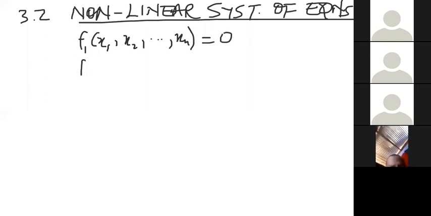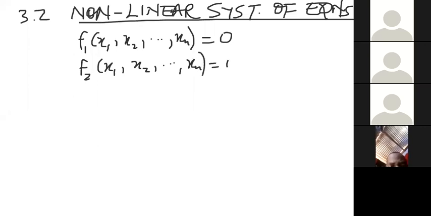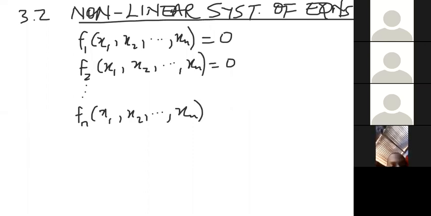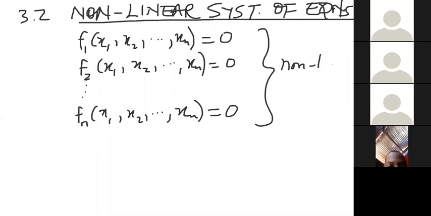And we are going to have another equation, f2 of x1, x2, and so on up to xn equal to 0. So we are going to have n equations in n unknowns, up to fn of x1, x2, and so on up to xn equal to 0. So this is the system of non-linear equations we are going to look at.